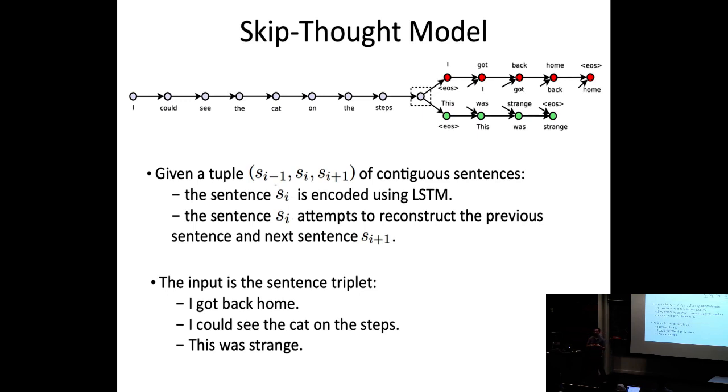Or you can think of it as predicting the next sentence or predicting the previous sentence, both. So you try to predict the context around the sentence. For example, if you have an input sample like "I got back home. I could see the cat on the steps. This was strange." That's actually one passage from the book. So I'm encoding this sentence, and from this sentence I'm trying to predict the previous sentence "I got back home" and the next one, "This was strange."